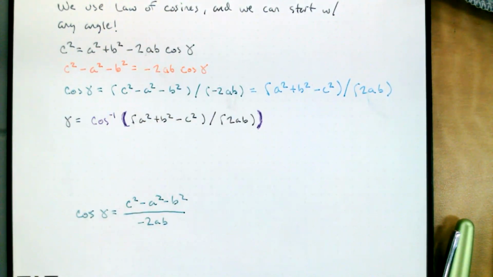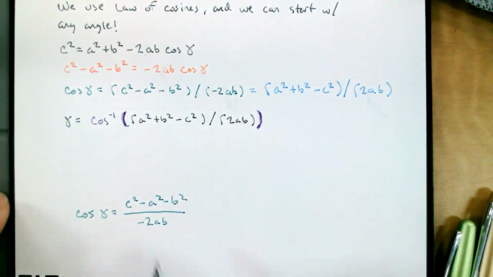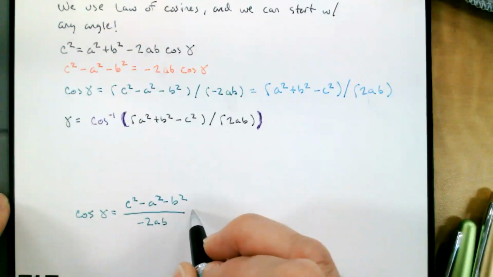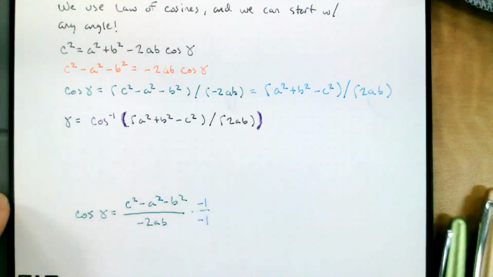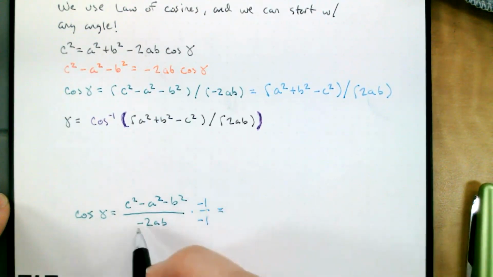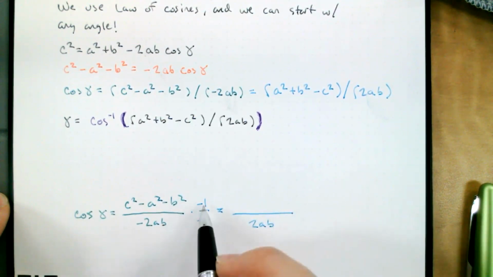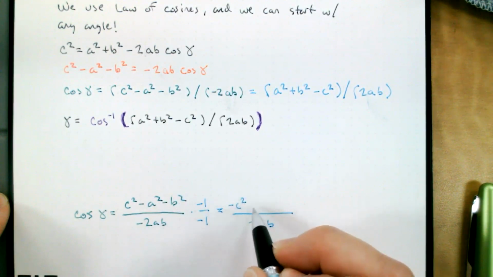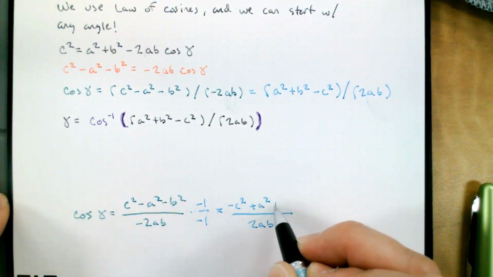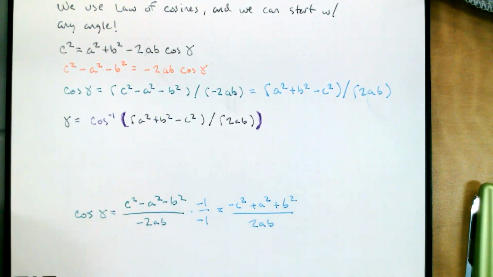So that's what it looks like in vertical format. I've got the numerator and the denominator. Then the next part was my distaste for this negative in the denominator. So what I'm going to do is multiply by negative 1 over negative 1. When I multiply the denominator by negative 1, that just becomes positive 2ab. I get a negative c squared plus a squared plus b squared. And I just put the negative c squared at the end. So a squared plus b squared minus c squared.